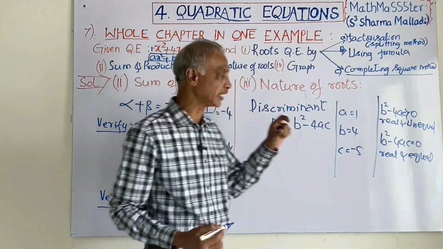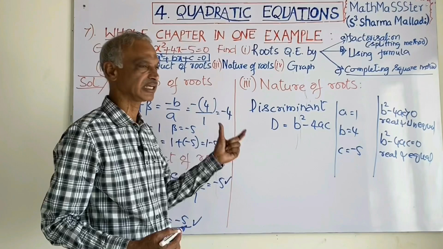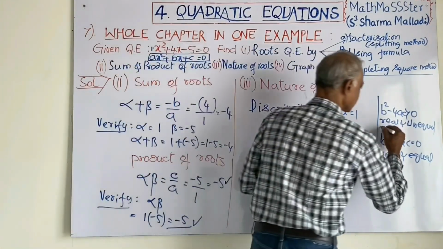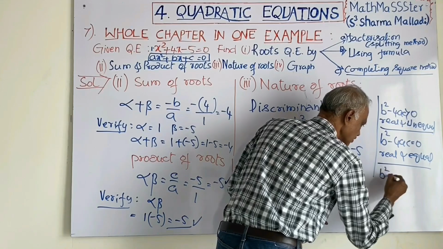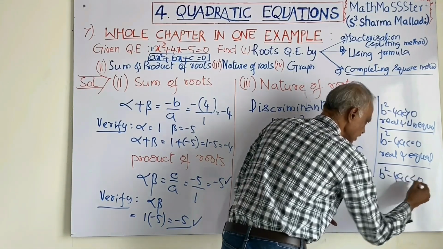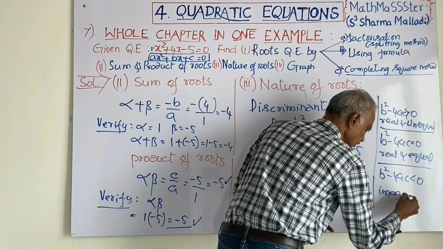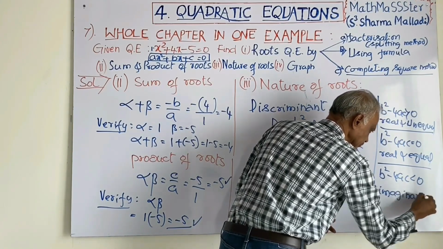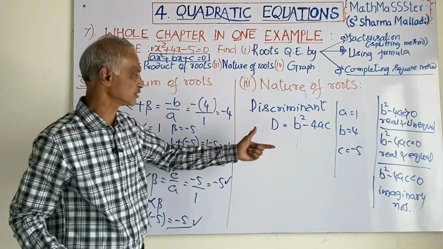And always you have to write this: b square minus 4ac greater than 0, real and unequal. B square minus 4ac is equal to 0, real and equal. If b square minus 4ac is less than 0, they are imaginary numbers.